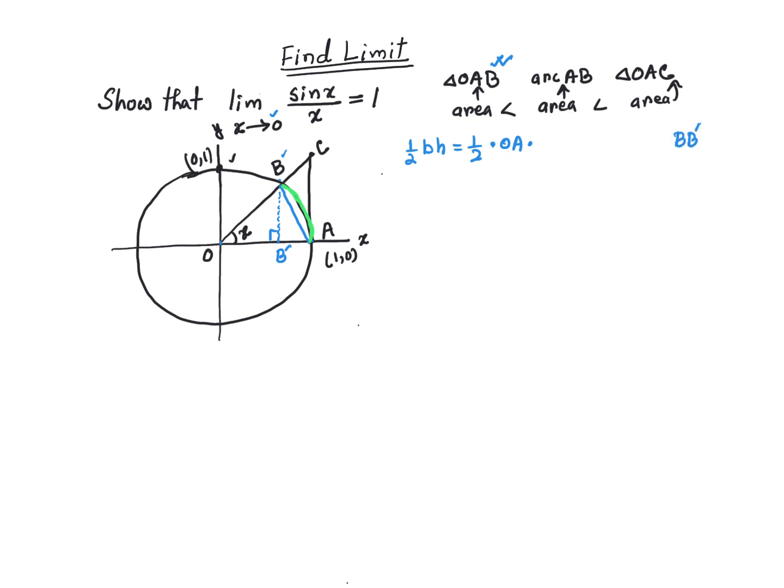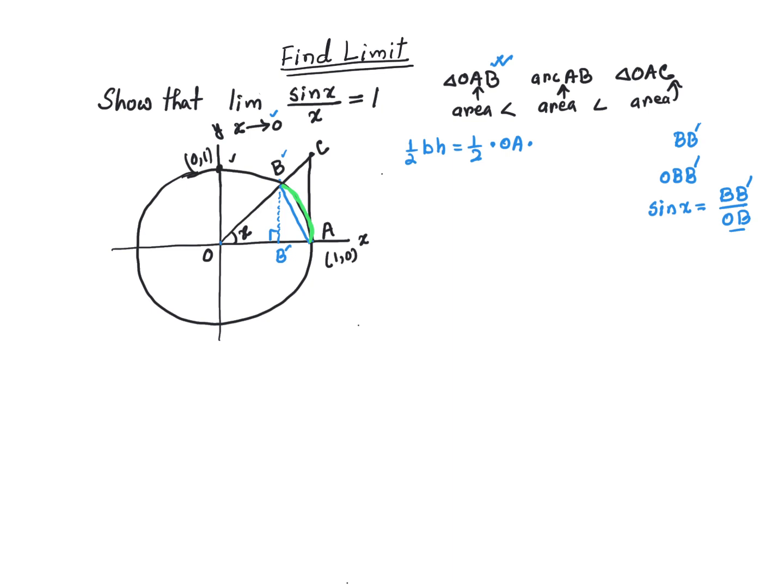Now look, if we look at the triangle OBB prime, we note that sine of x is going to be equal to opposite over hypotenuse. Opposite is BB prime and the hypotenuse is OB. Now OB is, by the way, 1, right?